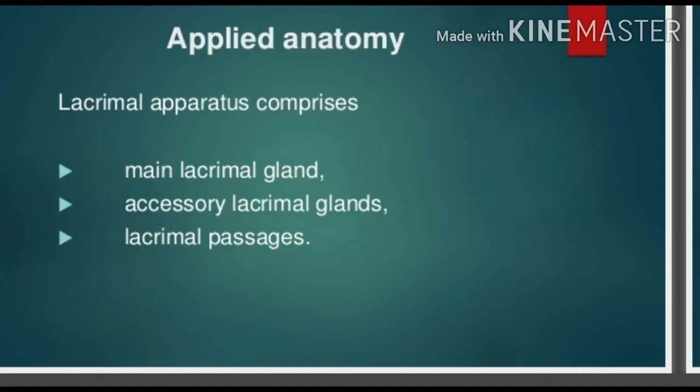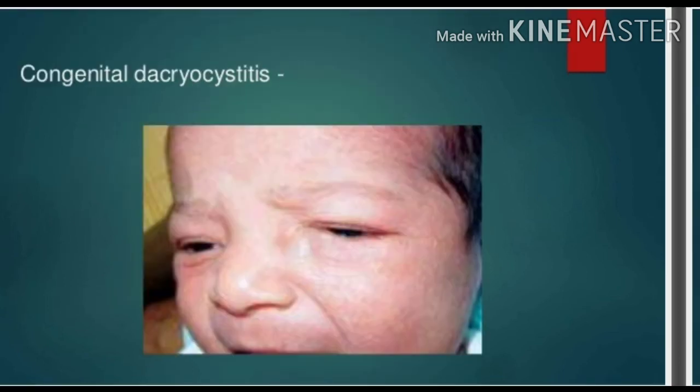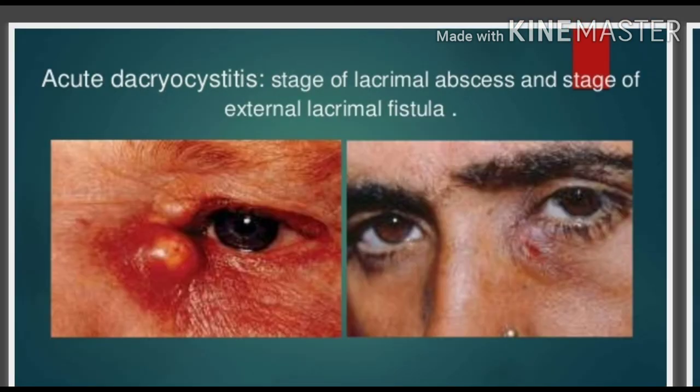Next, coming to the applied aspects of the lacrimal gland. First one is congenital dacryocystitis. What is congenital dacryocystitis? It is inflammation of the lacrimal sac in the newborn. Next, acute dacryocystitis is acute inflammation of the lacrimal sac, and it is an exacerbation of chronic dacryocystitis.